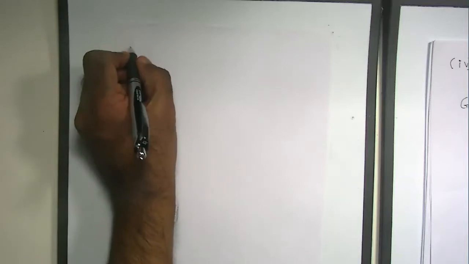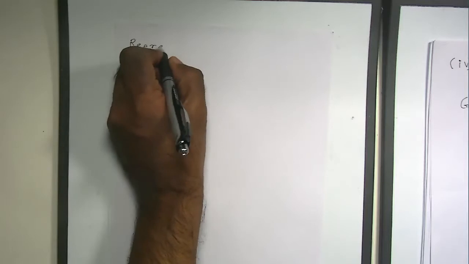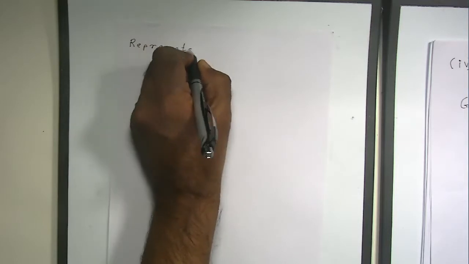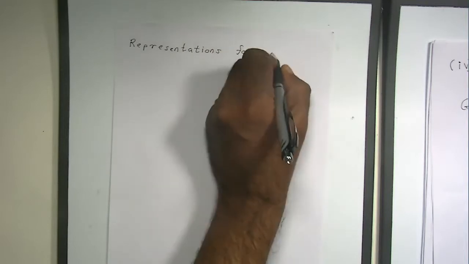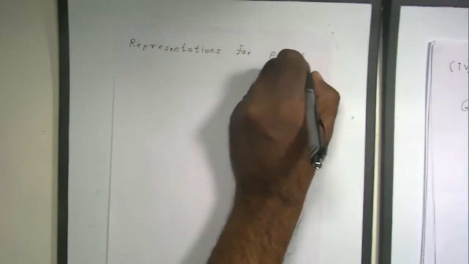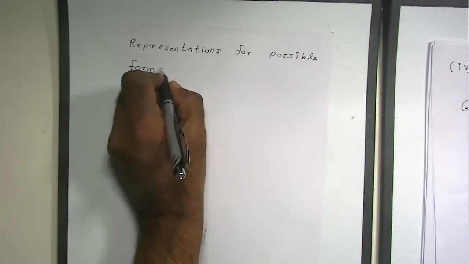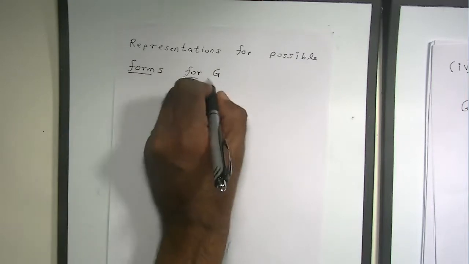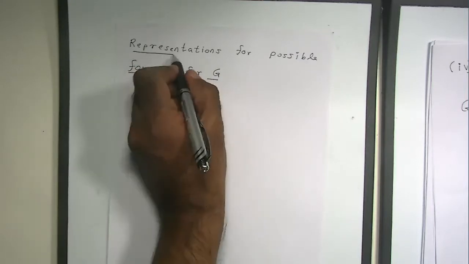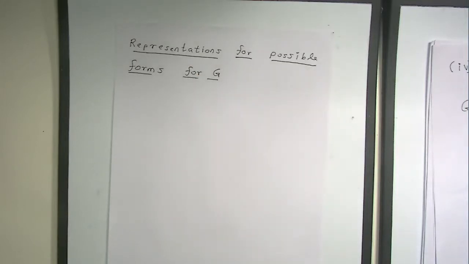So what I'm going to talk about is representations for possible forms for G, right?